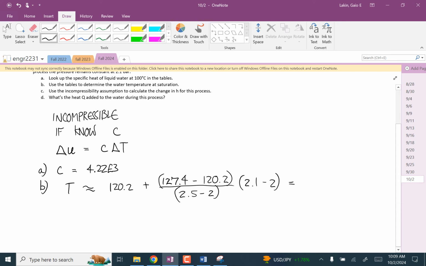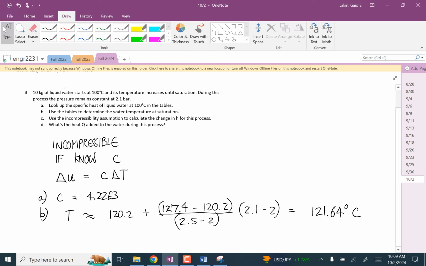And so that is 7.2. What did you get? 121.6. Okay, yes, that's what I get too. 121.64 degrees Celsius.